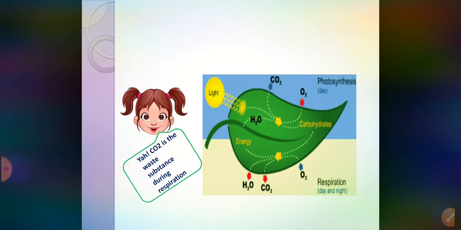So you can see the leaf here, and we studied this in the beginning of life processes, isn't it? In the first session we studied the steps of photosynthesis, isn't it? You can recall all those steps. So CO2 is taken in during photosynthesis and what is taken out, that is what you can see. And during respiration also, some gas is taken in and some other gas is let out of the plant body, especially through the leaves.